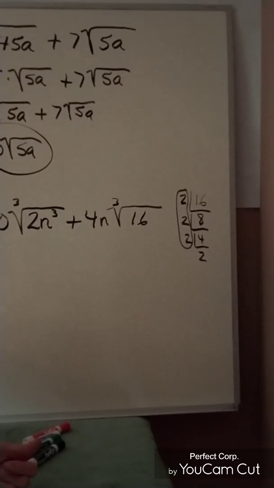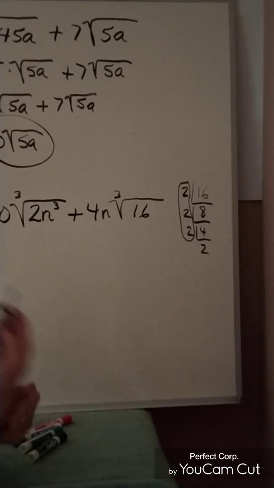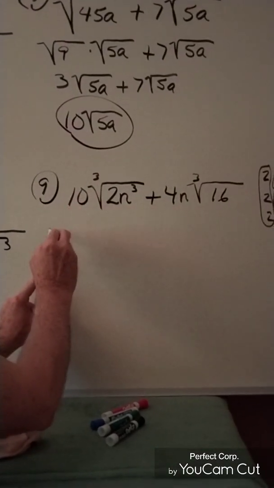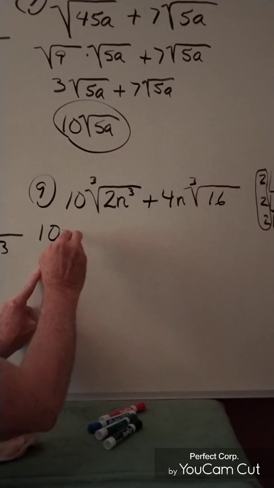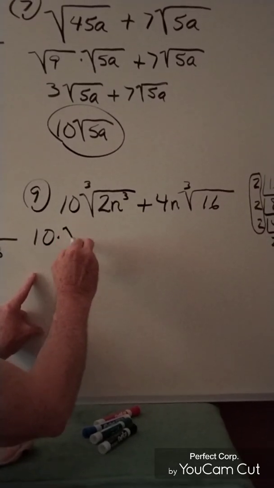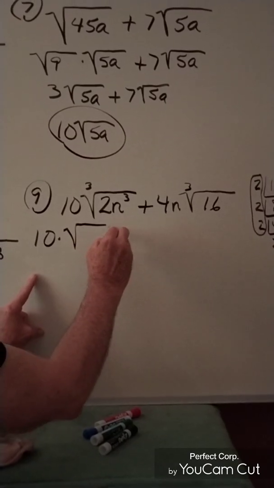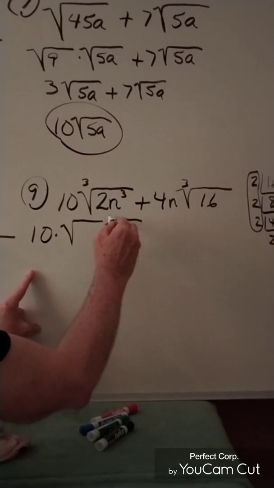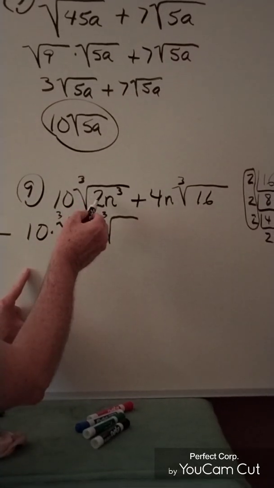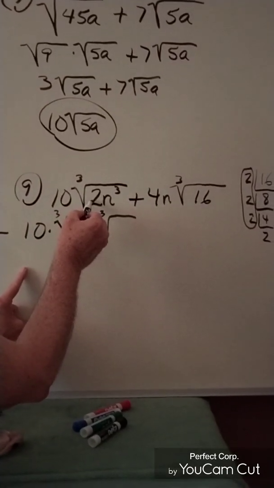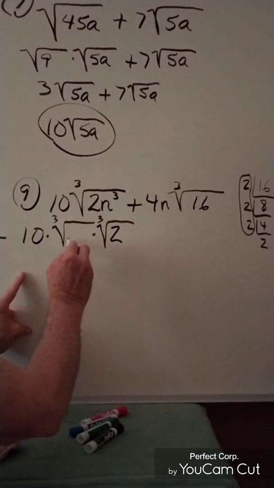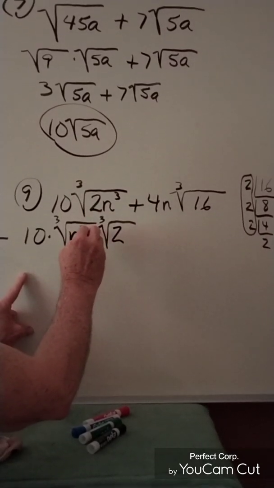There's 3 of a kind on the 2's. Let's do it carefully. Down. Times. Split him. Cube root there, cubed root there. That little coefficient of 2, irrational. N cubed, rational.